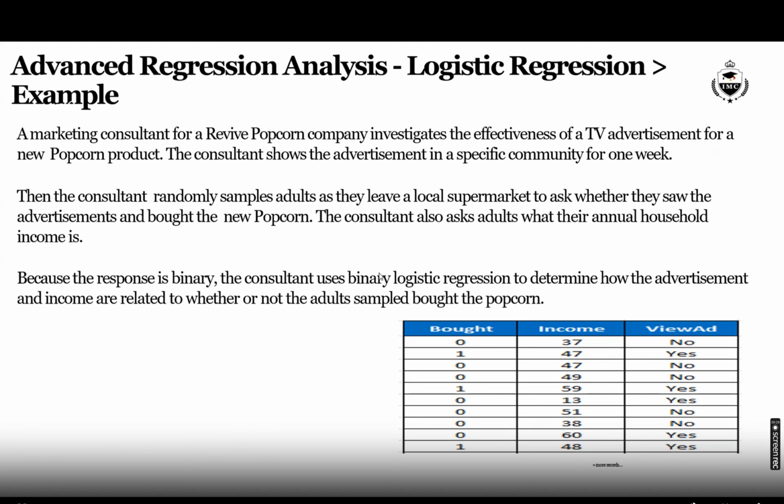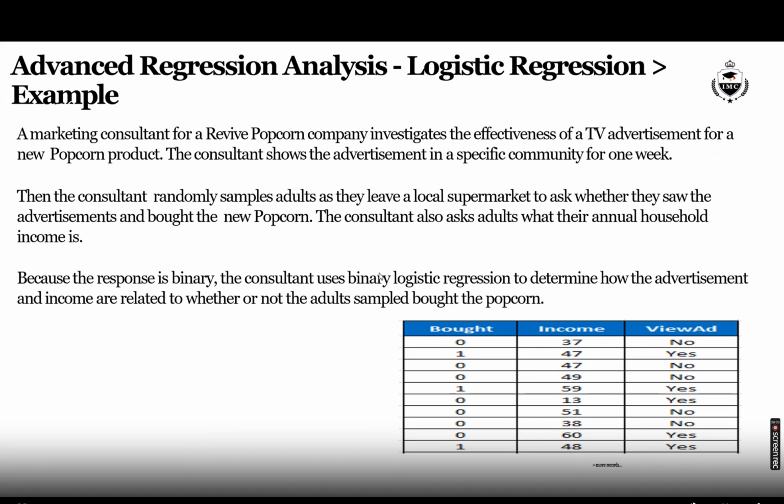Then the consultant randomly samples adults as they leave a local supermarket to ask whether they saw the advertisement, yes or no, and whether they bought the popcorn, yes or no. The consultant also asks adults their annual household income. Because the response is binary, the consultant uses a binary logistic regression to determine how the advertisement and income are related to whether or not adults sampled bought the popcorn.